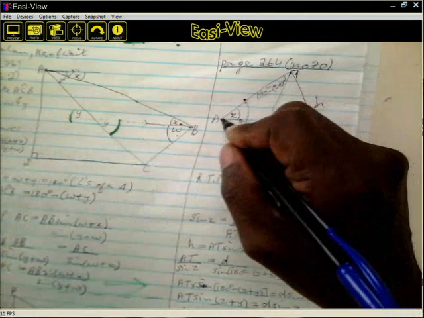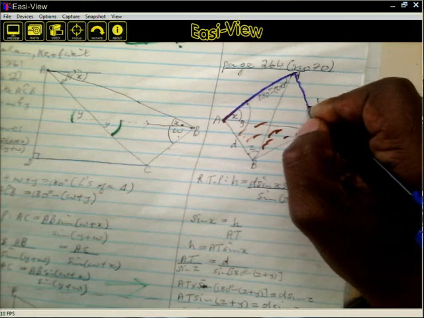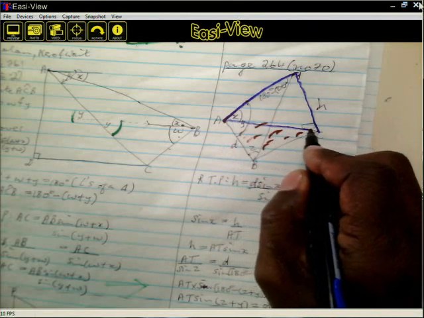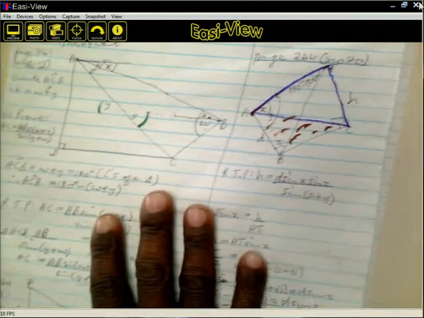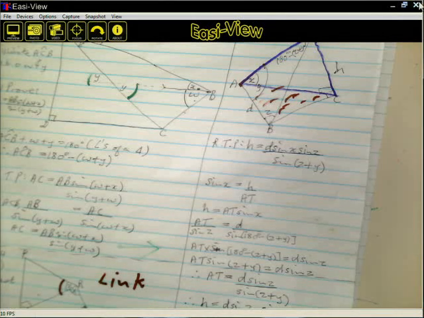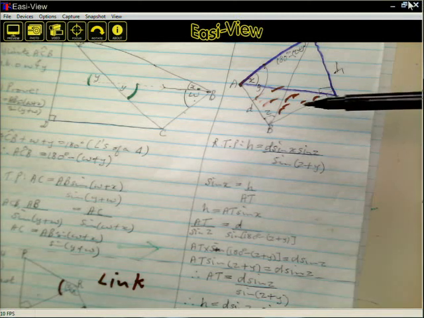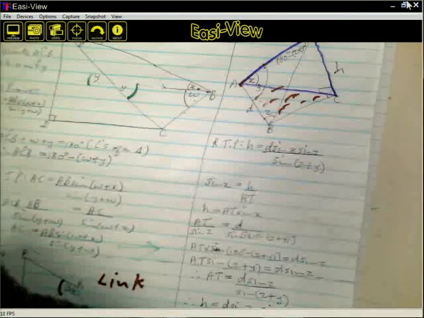It is part of this triangle, but it is also part of this triangle.